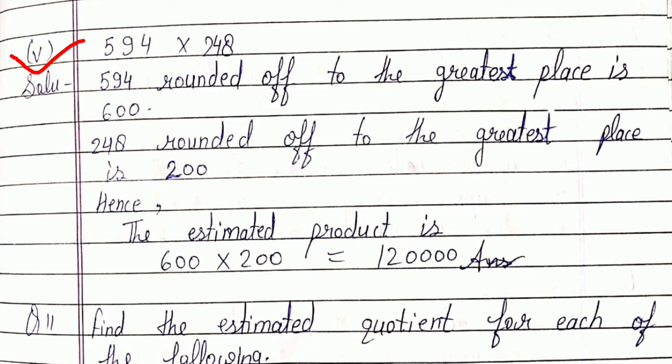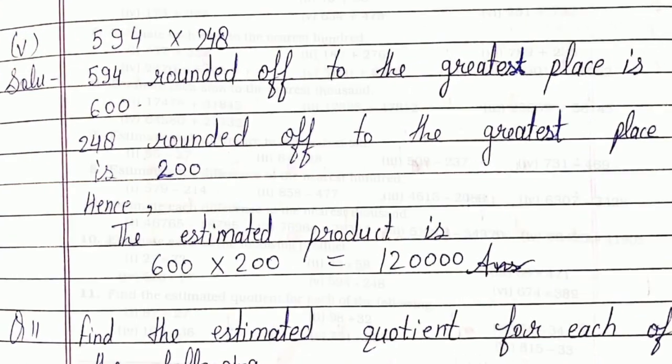And 248 is also a 3-digit number, so the rounded off number will be 200 here because 4 is less than 5. Hence the estimated product is 600 multiply 200, which is equal to 1,20,000.